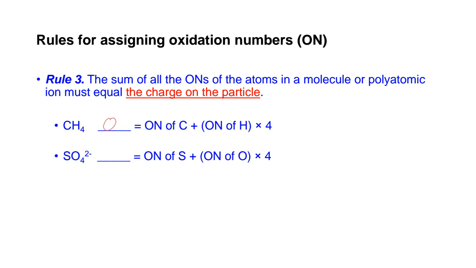On the other hand, SO4 2-, the sulfate anion, has an overall charge of 2-. Therefore, if you add the oxidation numbers of all individual atoms together, it will lead to -2. Later I want to show how we can apply rule number 3.